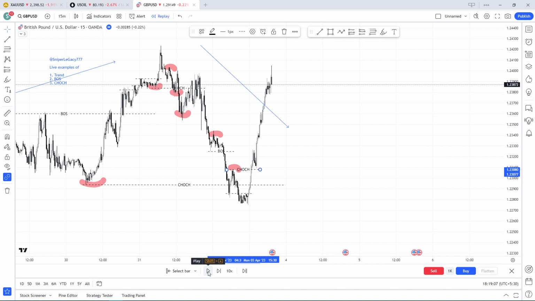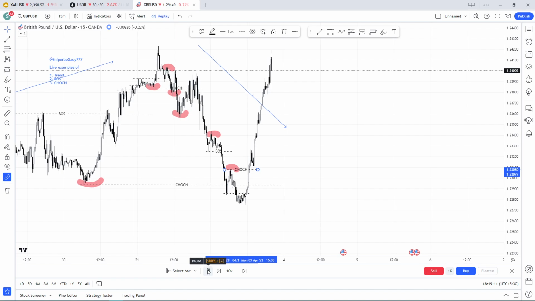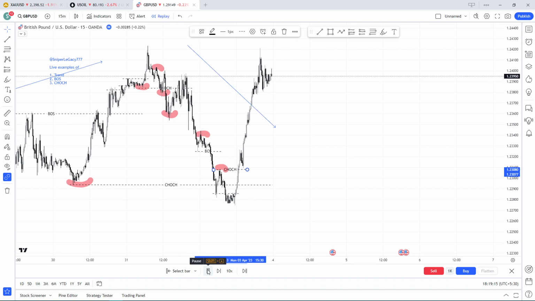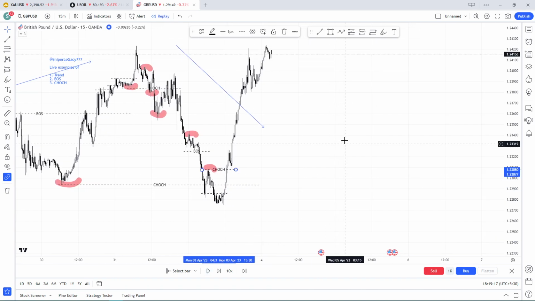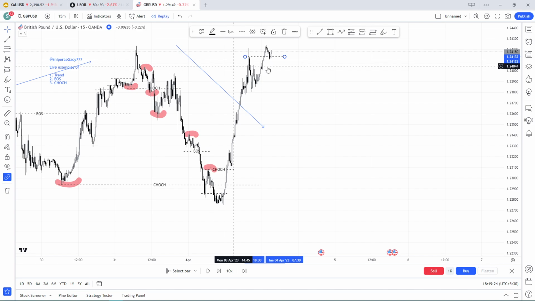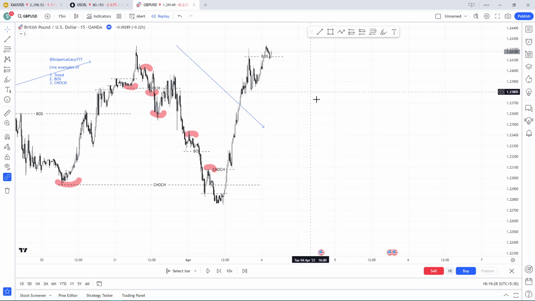We did not have any pullback. What we can do is treat this as a BOS, right? So we had a pullback and again the high was taken, so that itself is a BOS.